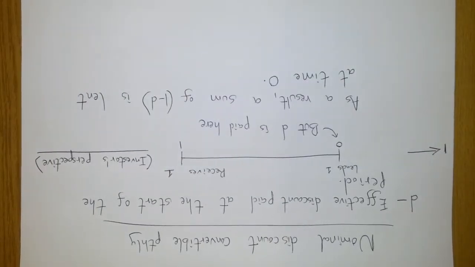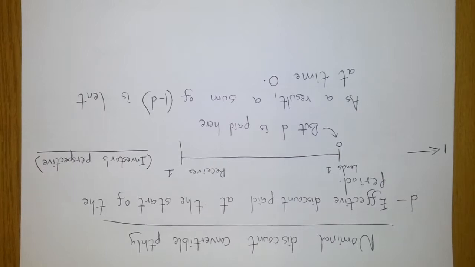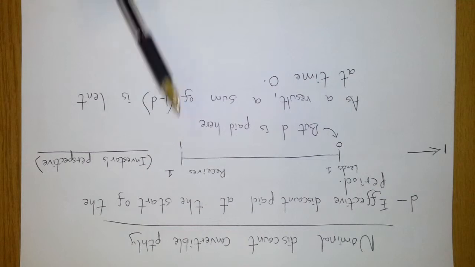Now, the effective discount paid at the start of the period is denoted by d. An example is where an investor lends an amount 1 at time 0 and receives a repayment of an amount 1 at time 1.